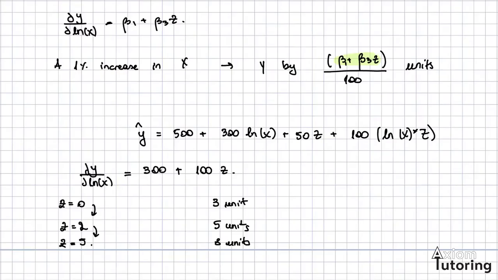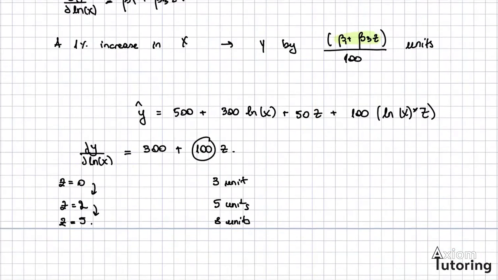Keep in mind, when you interpret the beta 3 in here, the beta 3 being equal to the 100, it's telling you the rate at which the effect changes with z, not the effect itself, which is what we have seen overall with all of the interaction models so far. So nothing new, it's just that in terms of interpretation, now the y is in units.